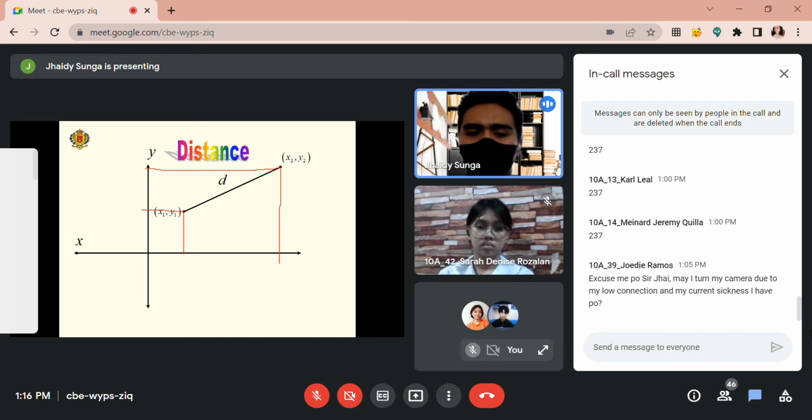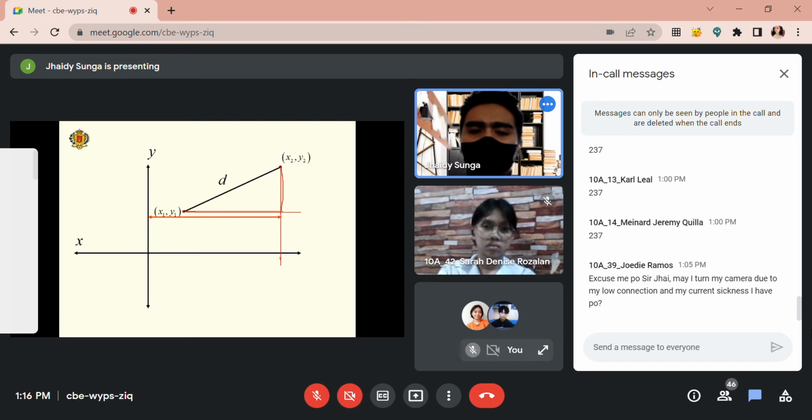Now the question is, are we going to know what would be the connection of these two lines, knowing that these two lines are intersecting with each other?